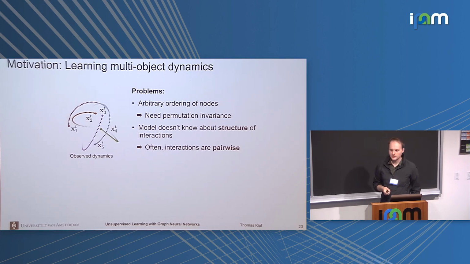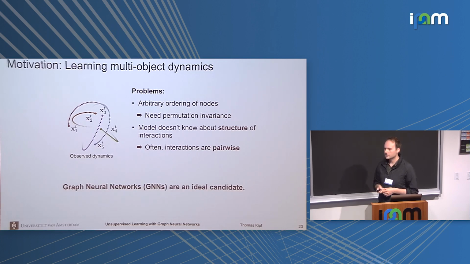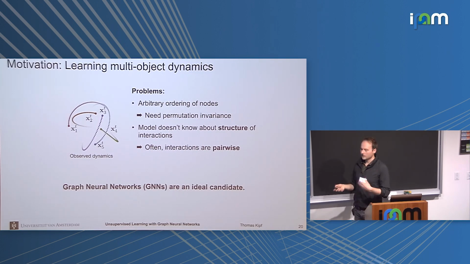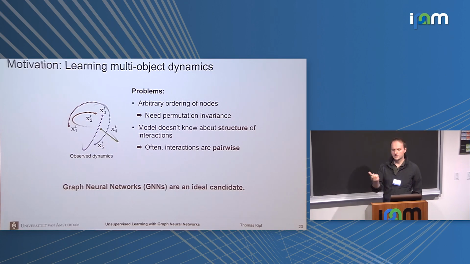And the model also doesn't really know about the structure of the interaction. In many physical systems, but also real-world systems, you have interactions that are pairwise, so it's a good abstraction to just look at pairwise interactions. In these cases, graph neural networks are an ideal candidate because they fulfill exactly these points. They are invariant or even equivariant to permutations in your representation, and they explicitly consider pairwise interactions.